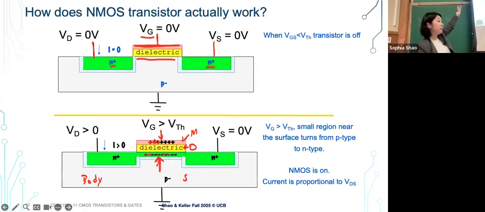Because we have a positive voltage applied to the gate. It's just that I'm applying a positive gate voltage to the capacitor. I'm charging the capacitor here. You can almost think of it like, let's say, VDD applied here.